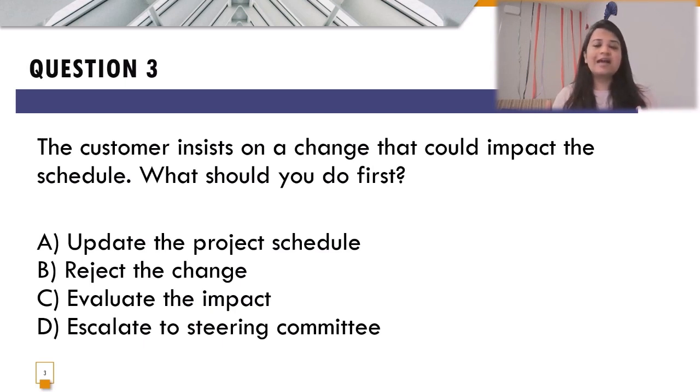So, in terms of how PMI thinks, understand that as the first step, you always need to evaluate or analyze the impact of requested changes before taking any necessary action. So the correct answer choice here has to be evaluate the impact.